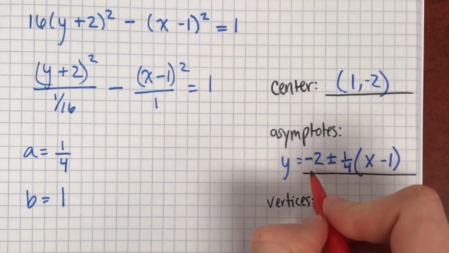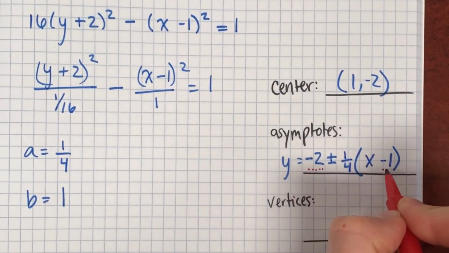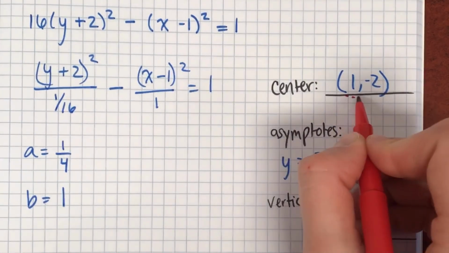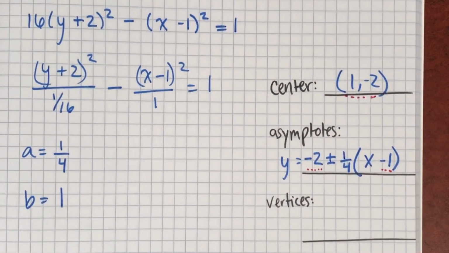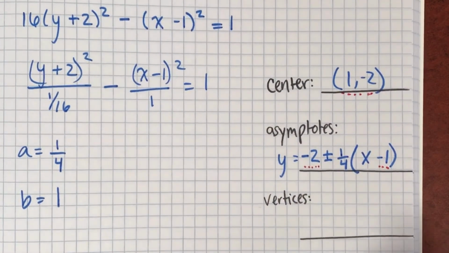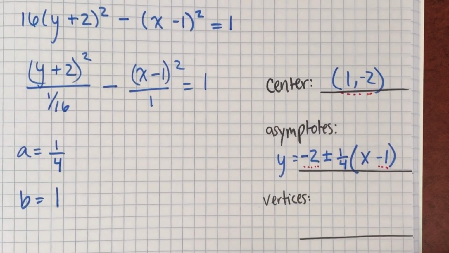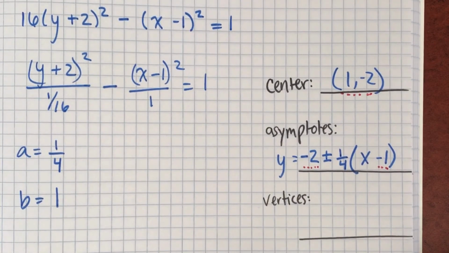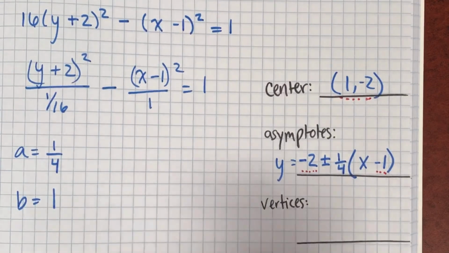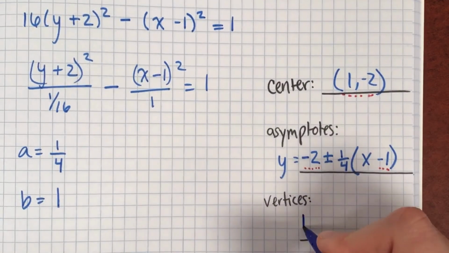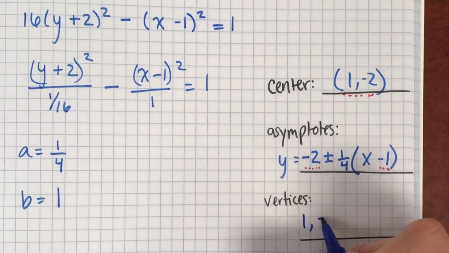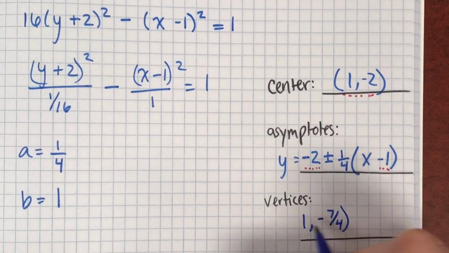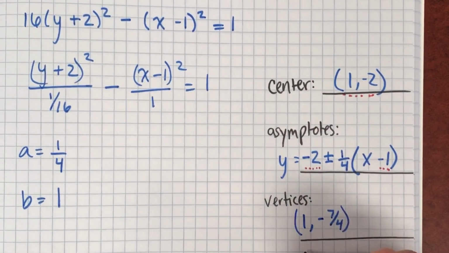So see how these two values right here come right from our center. And to find our vertices, we're just going to add and subtract that A value. So I've got 1, -7/4 and 1, -9/4.